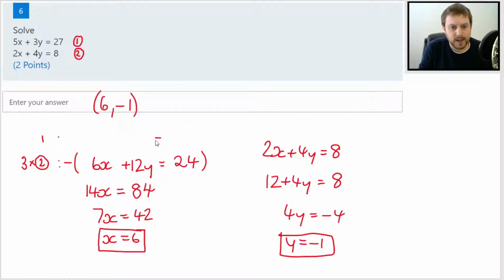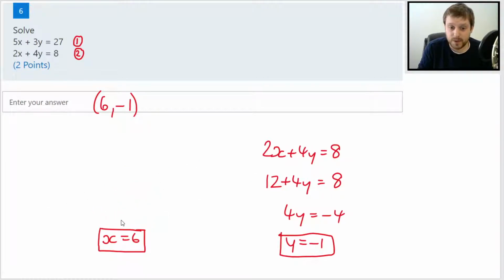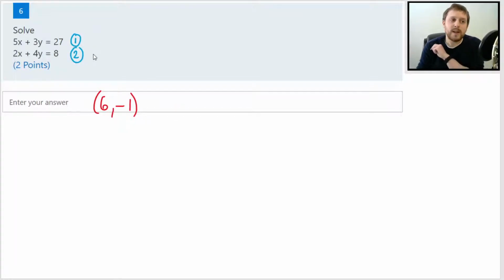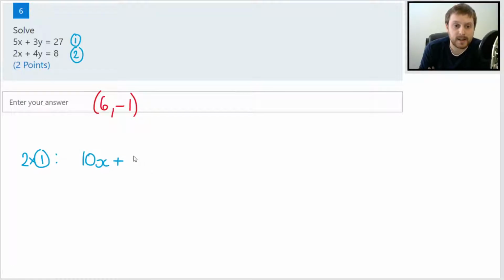Now, let's see if this time, if I eliminate x, I get the same answer. So if I want to eliminate x, I will do 2 times equation 1, which will give me 10x add 6y is 54.